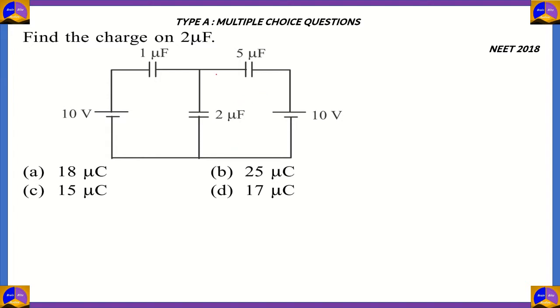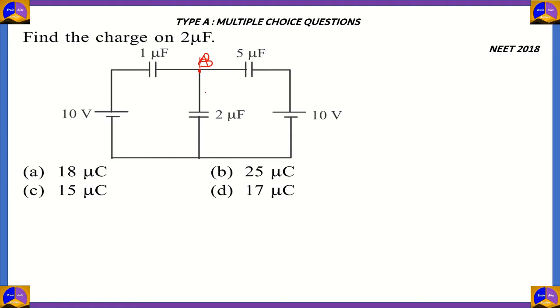Now notice that in this schematic, all these 3 capacitors join together at a point. Let's take that as B. So at point B, all of these capacitors are being joined together at a single point.